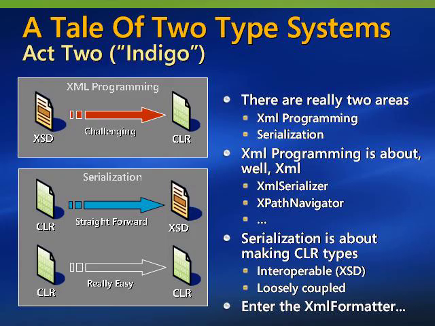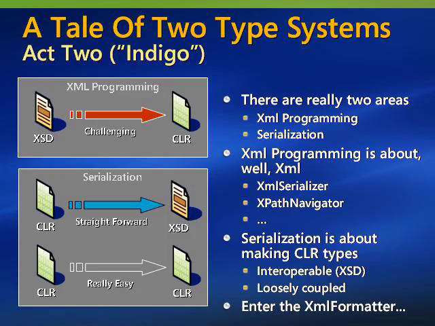It took us a long time to reach this conclusion that serialization is about the CLR, about making that interoperable, about making that loosely coupled, and having another thing called XML programming that's all about on the wire. And both of these are extremely important to us. Making the CLR types interoperable and dealing with full fidelity with XML, both are incredibly important scenarios for us, and we want to have first-class support.